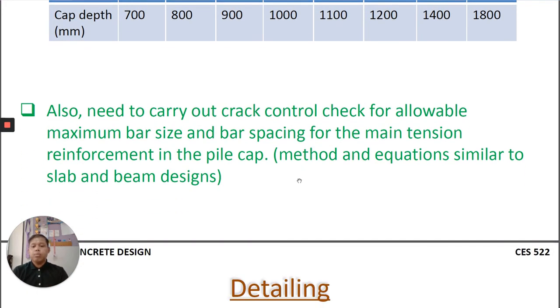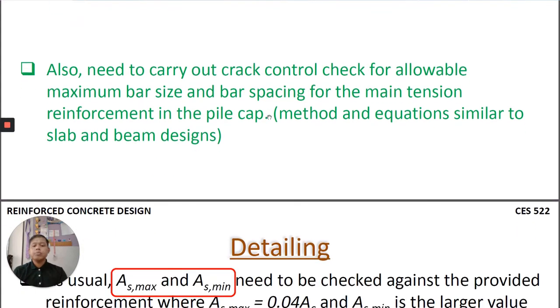So we have to carry out the crack control in order to make sure that the spacing between the reinforcement sits within the maximum and also minimum area required, and within the maximum allowable spacing of the reinforcement, so that it will not cause a crack check.